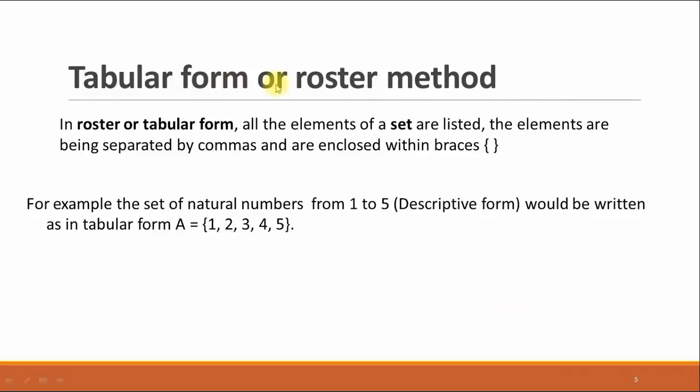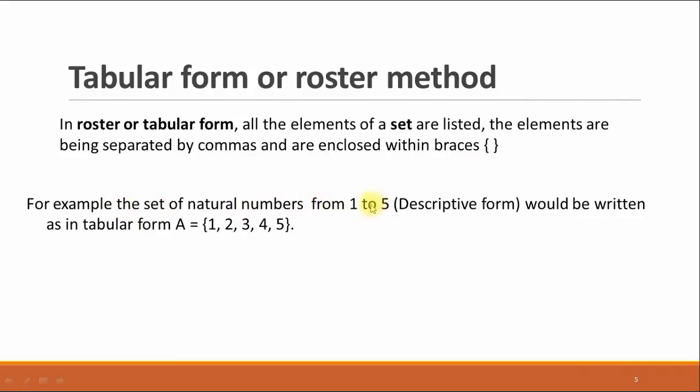Tabular form or roster method. In roster or tabular form, all the elements of a set are listed. The elements are separated by commas and are enclosed within braces. For example, the set of natural numbers from 1 to 5 is the descriptive form.